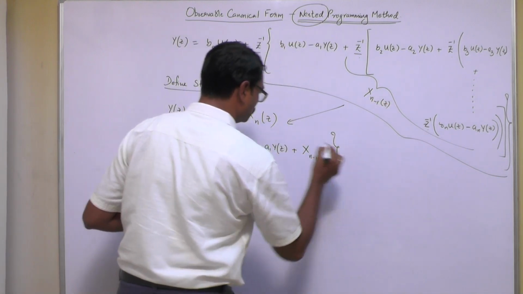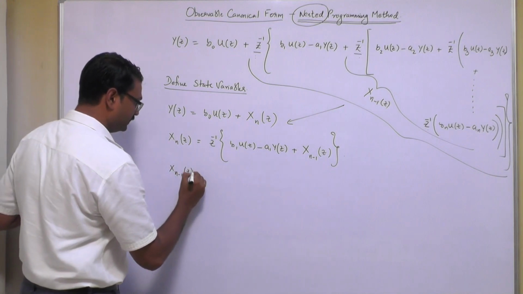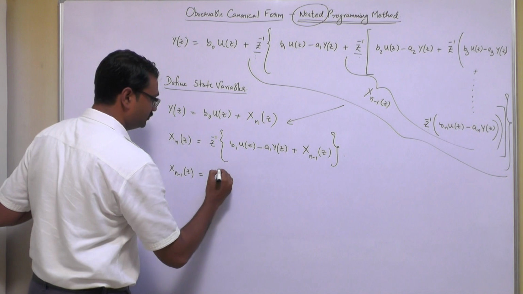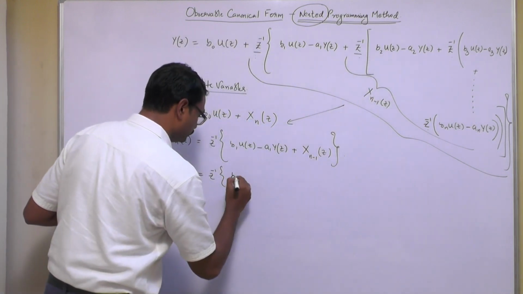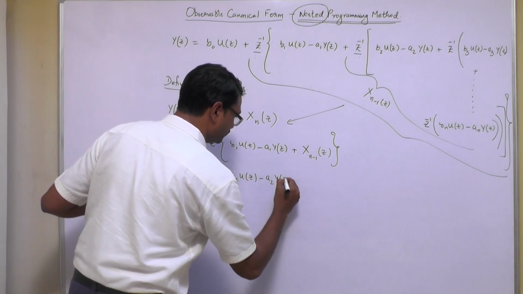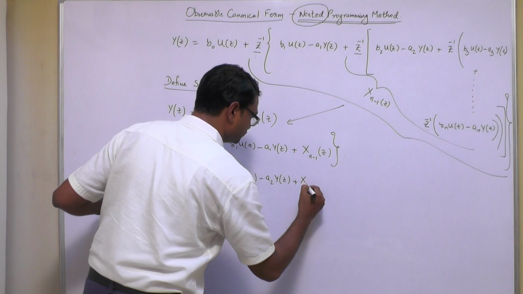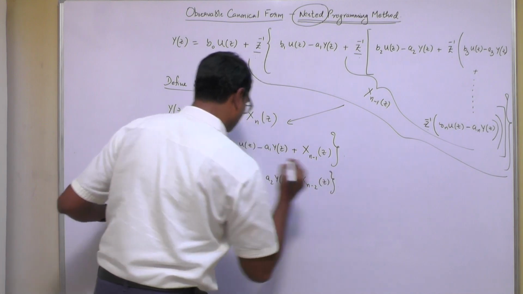Now what is Xn-1(z)? That is again z^-1 (b2 U(z) - a2 Y(z) + Xn-2(z)).